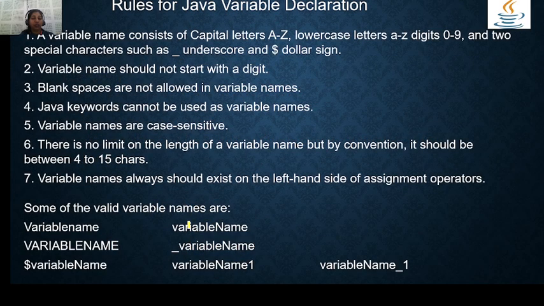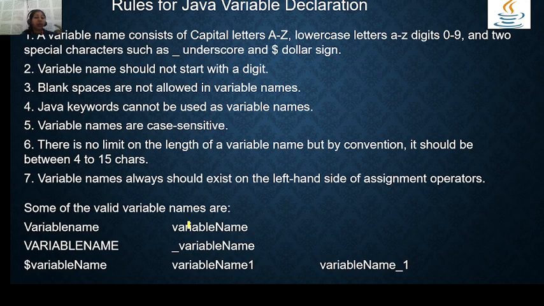Okay, so while defining a Java variable, you have to follow certain rules. Okay, so what are these rules? Let's see one by one. Variable name consists of capital letters, lowercase letters, the digits 0 to 9, and the two special characters which are allowed while declaring Java variables, that are underscore and the dollar sign.